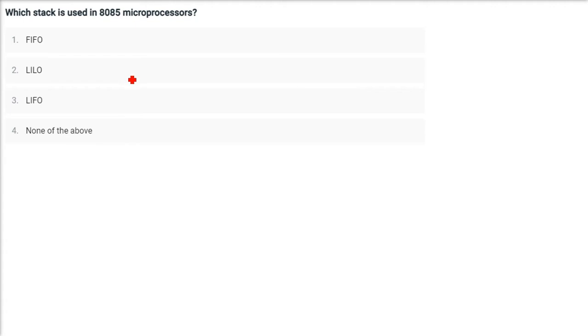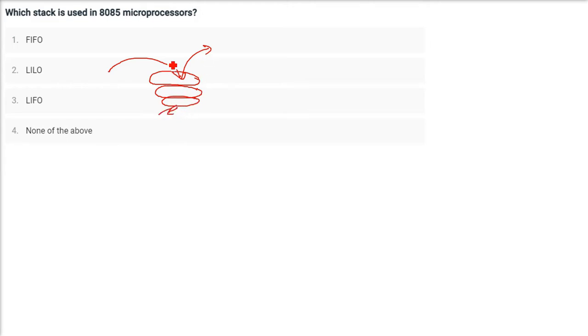Which stack is used in 8085 microprocessors? You can understand stack by imagining you go to a party and there are stacks of plates, one over the other. These are crockery or plates. When you put a plate over one, you cannot take the below one before taking the top one.